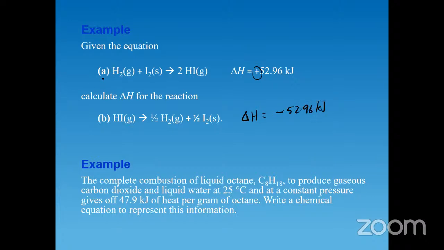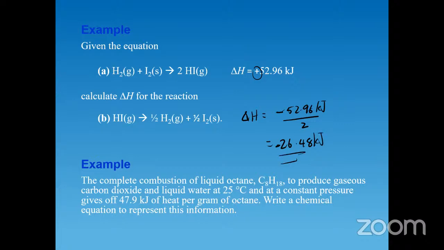And because all these coefficients are halved, to get the corresponding coefficients over here, you're going to divide that by 2. So whatever that gives, that would be the answer. So in this case, it's minus 52.96 divided by 2. So the answer here will be equal to minus 26.48 kilojoules. All right, and that's it.